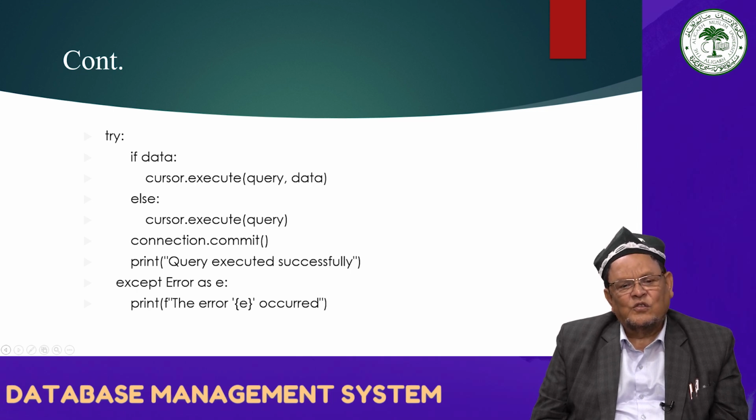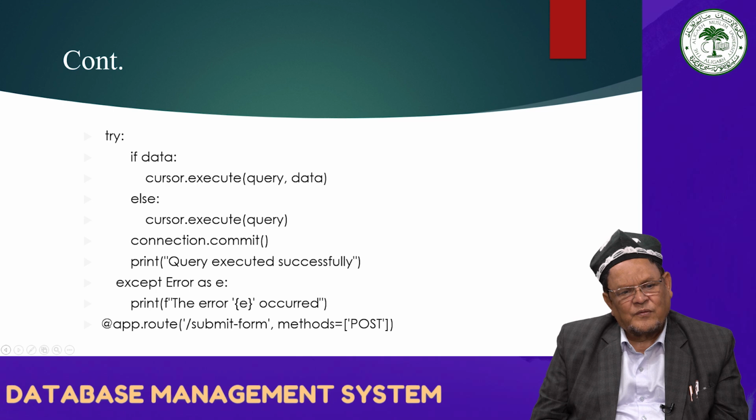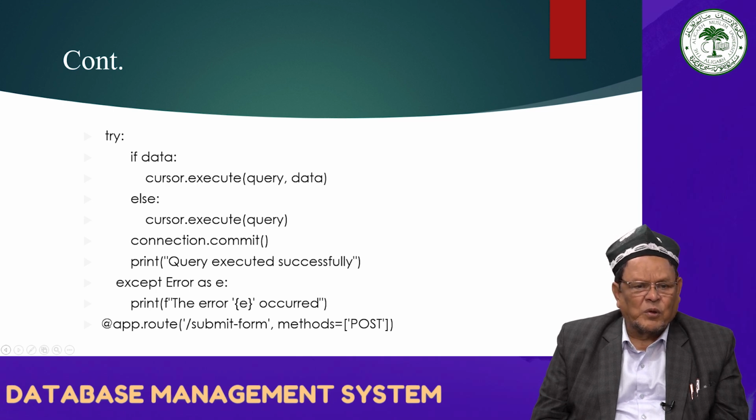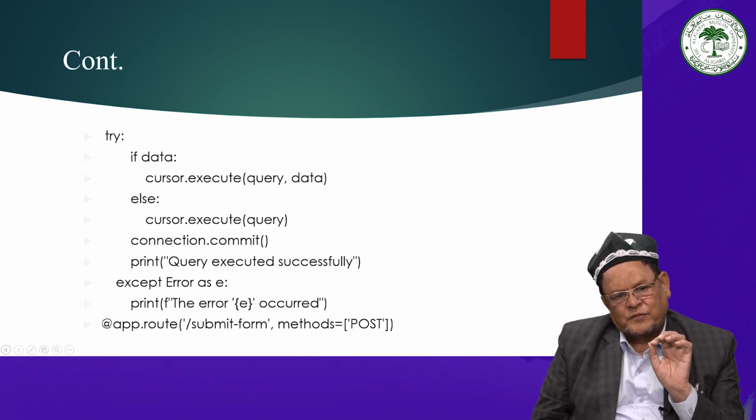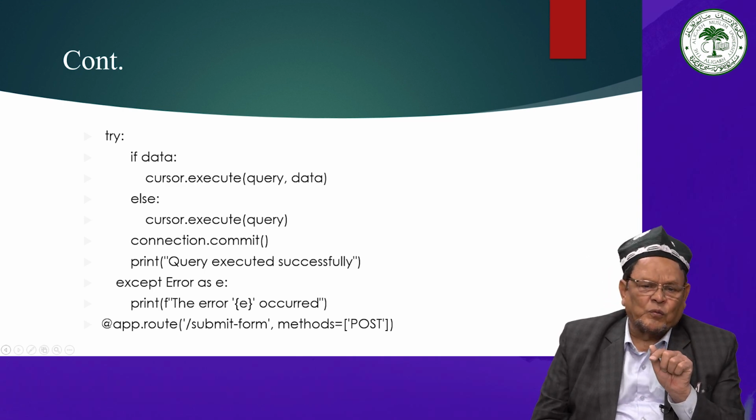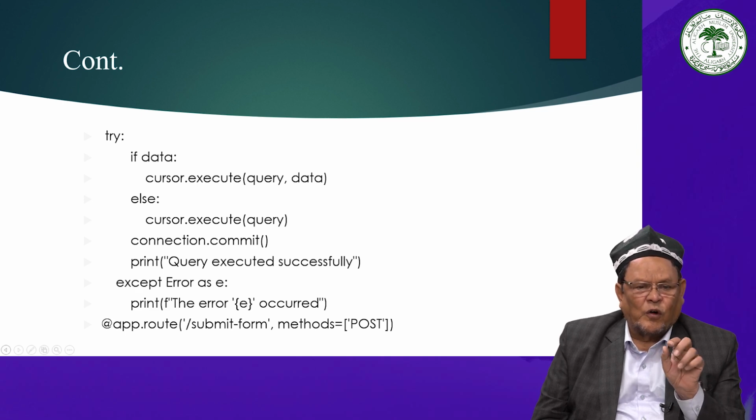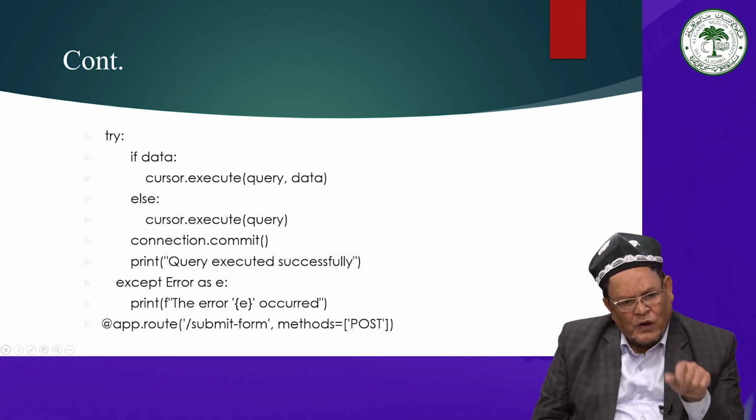Here you have to establish the connections. Then @application.route submit form, method, I have used here the post. In the post and the submit form, when you submit the form, it will go to that.